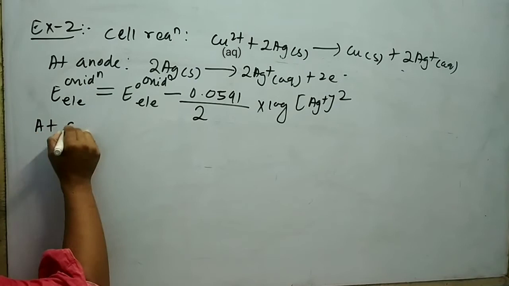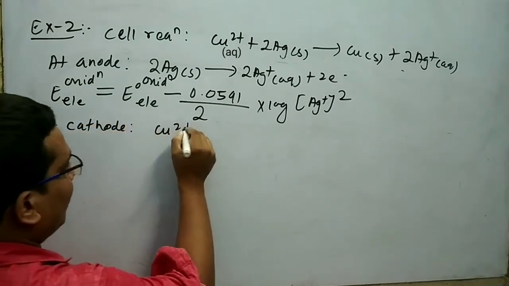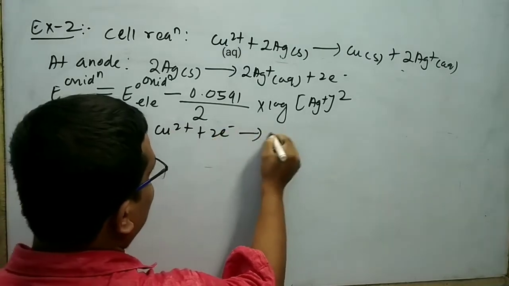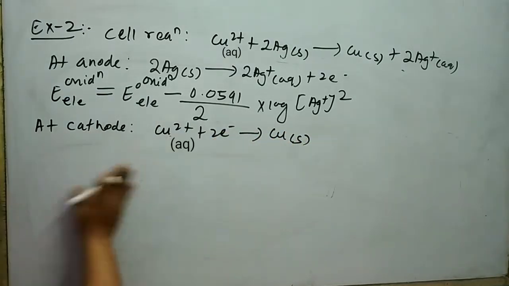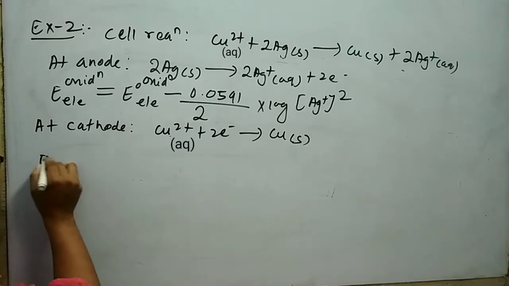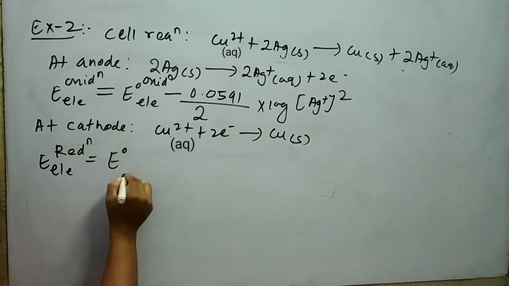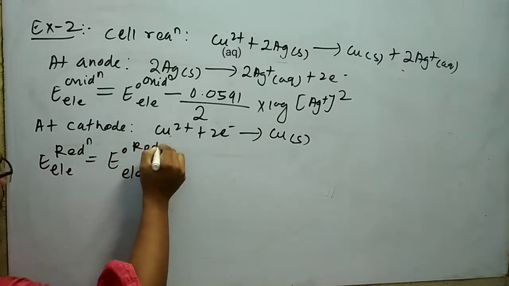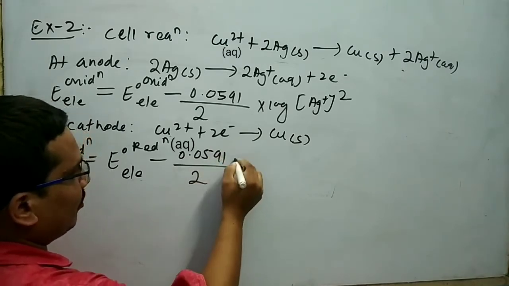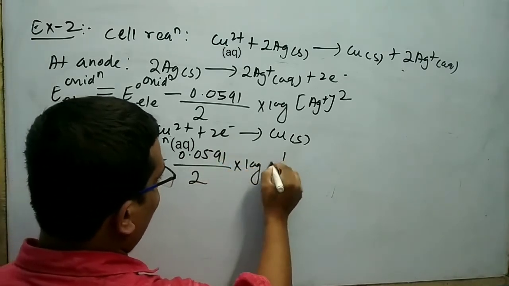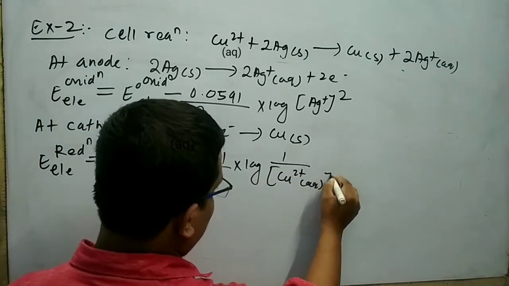Similarly, I can write at cathode Cu2 plus plus 2 electron gives Cu. For this reaction I can write the Nernst equation E electrode reduction equal to E0 electrode reduction minus 0.0591 divided by 2 into log of 1 by concentration of Cu2 plus aqueous.